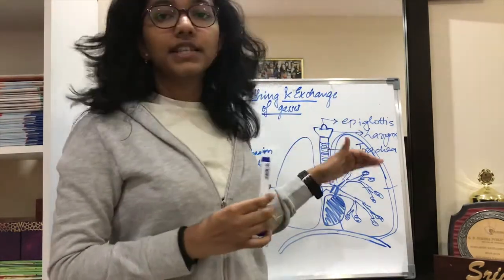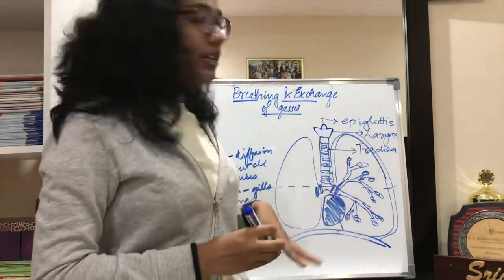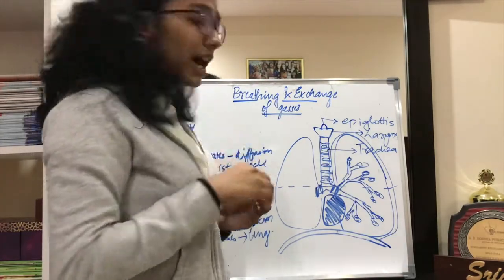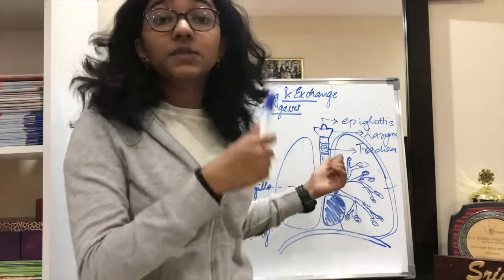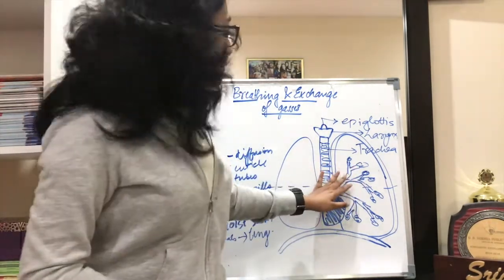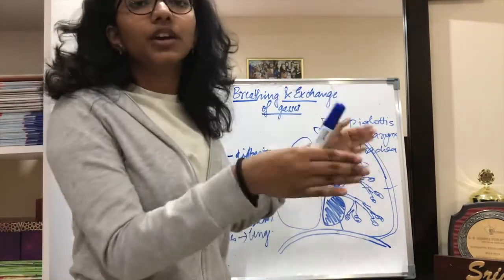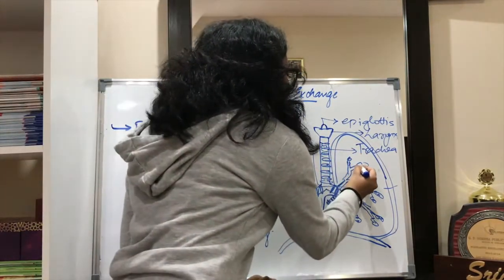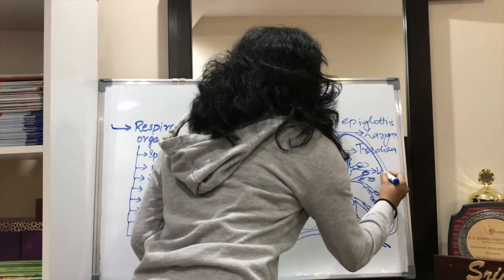At the fifth thoracic vertebra, this trachea splits into two branches known as bronchi. These are the primary bronchi. When the primary bronchi enter the lung, they split into secondary bronchi, which split into even more, the tertiary bronchi, and they terminate at the last bronchi known as bronchioles.